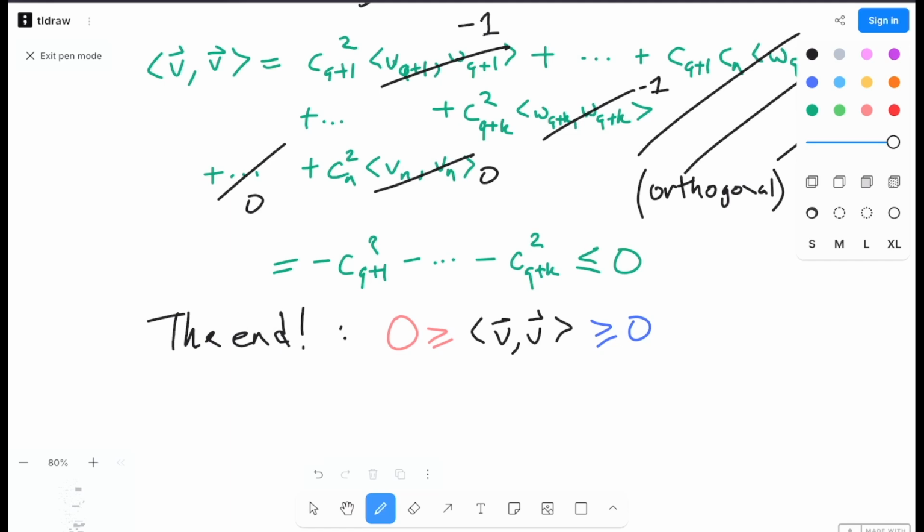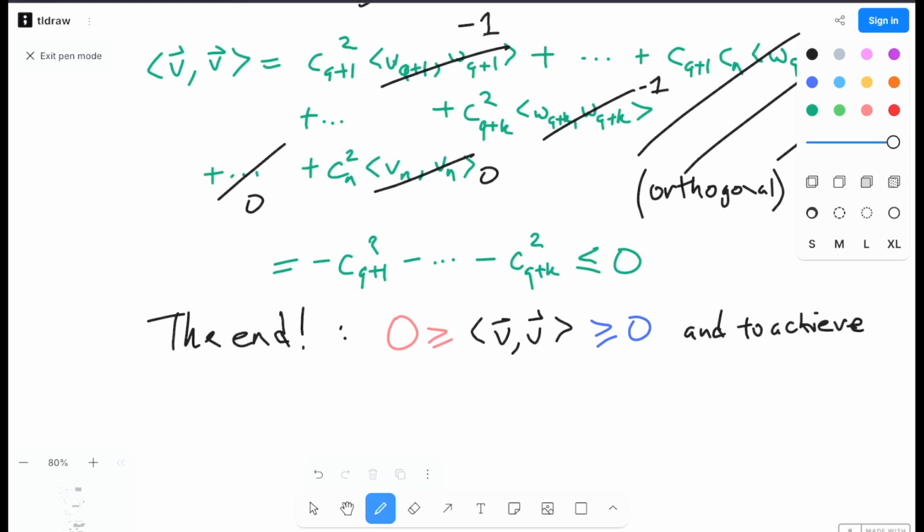So let me start with the green one since it's the one that's currently on screen.